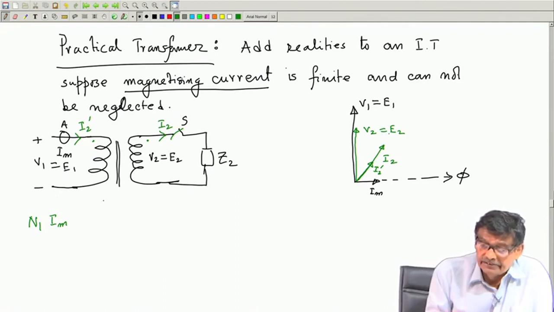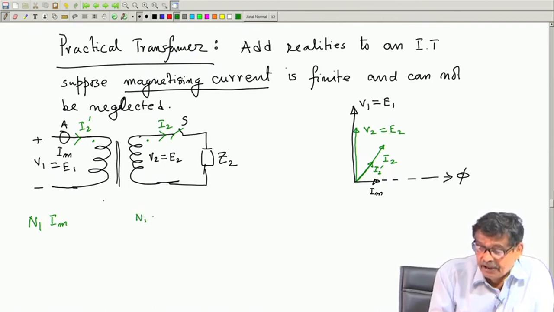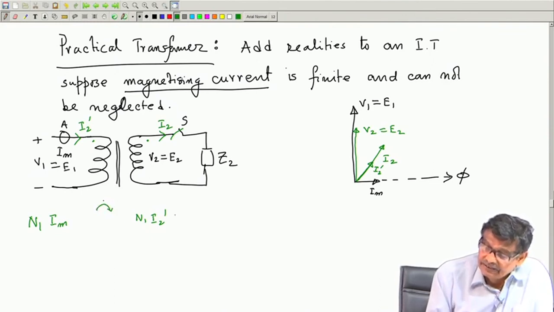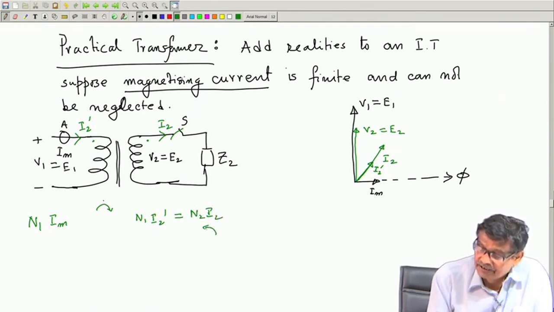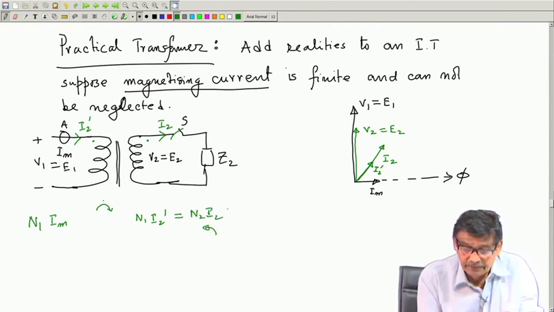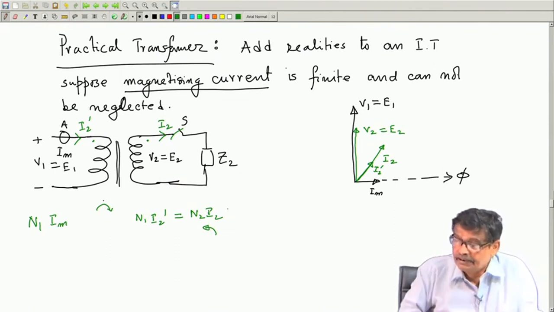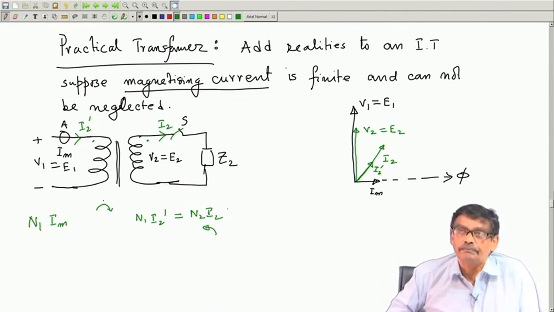And I 2 dashed is such that N 1 I 2 dashed, which produces flux in the clockwise direction, if it is N 2 I 2, which will produce flux in the counter direction, they will balance off, and once again MMF will remain N 1 into I m.